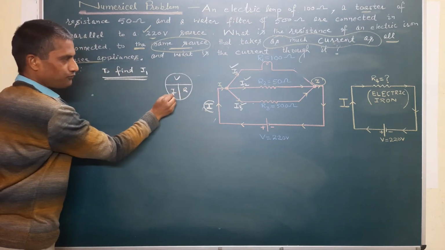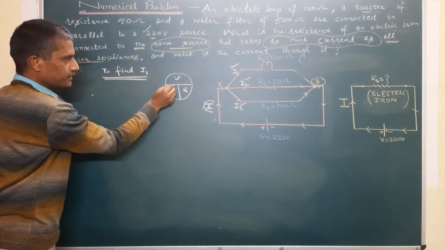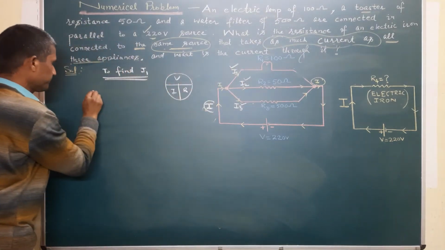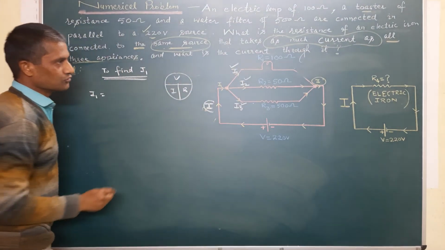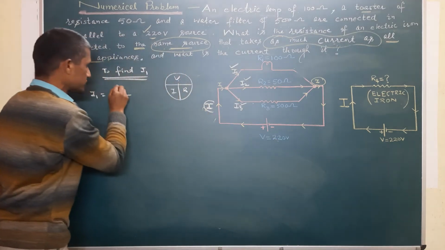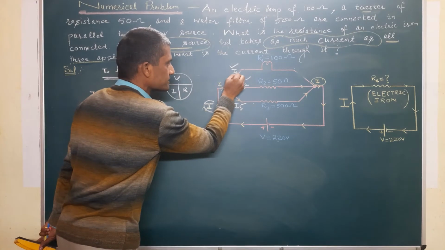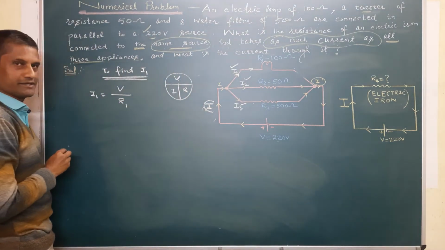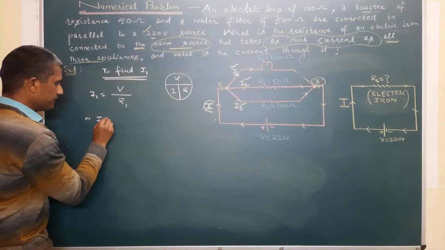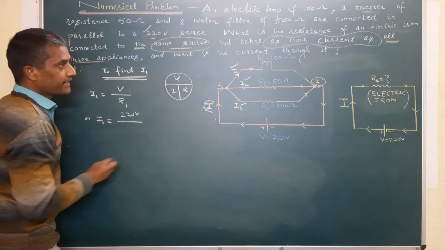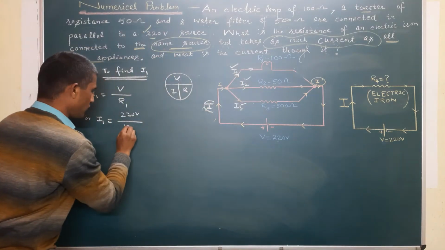We want to find I, so it is V upon R. I1 is equal to V upon R1, where V is the total voltage, 220 volt, and R1 is 100 ohm.